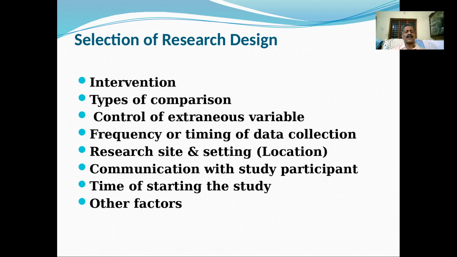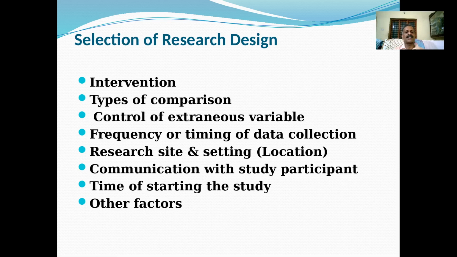Then another factor is research site and setting. The site is an overall location, and setting is a specific area from where we are going to collect our data. For example, a school may be a site, but we are collecting the data only from standard 10B and standard 10E.